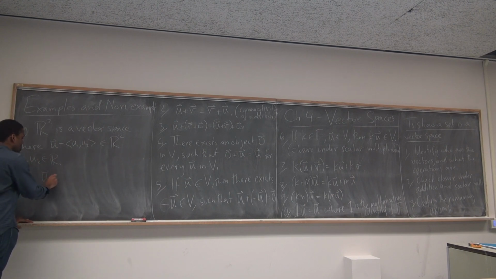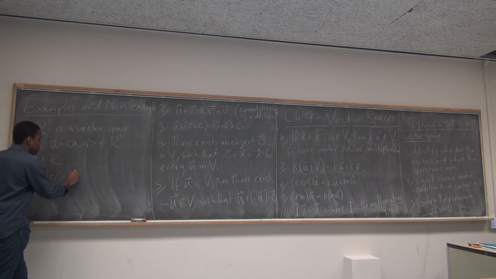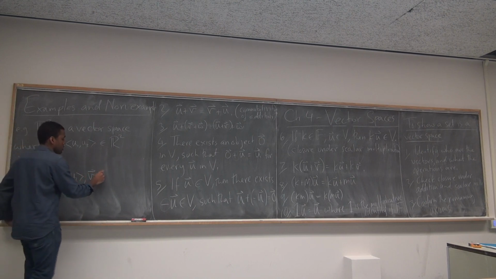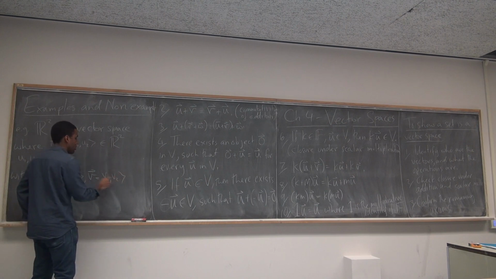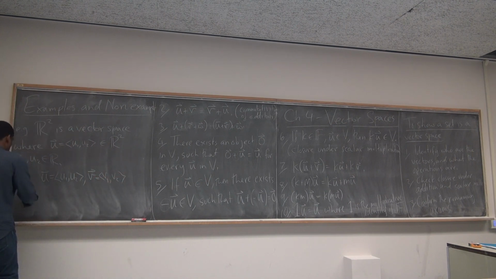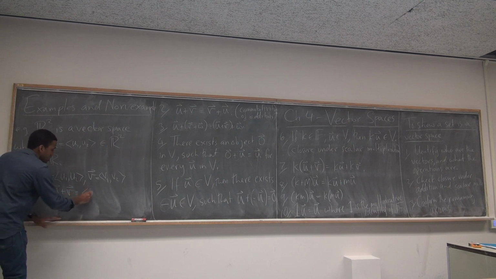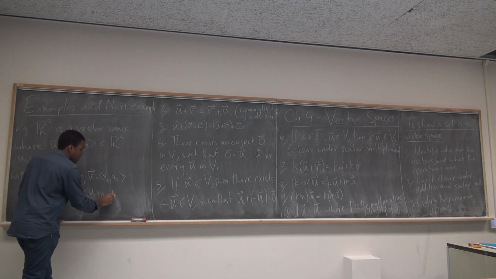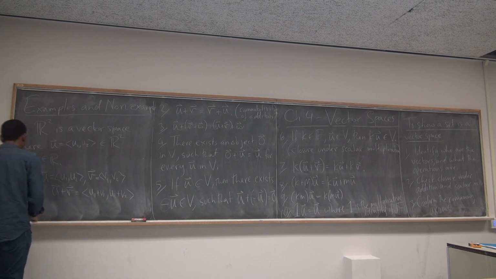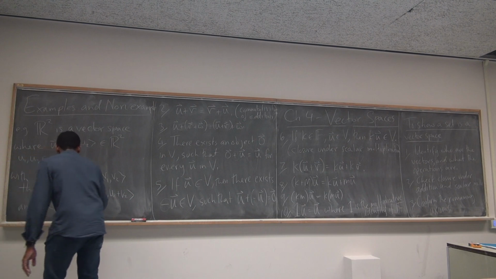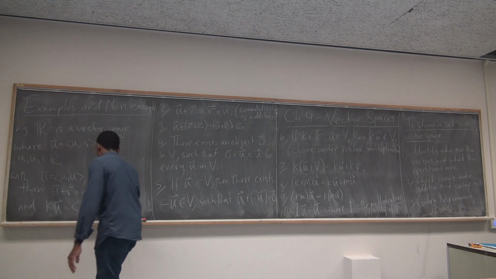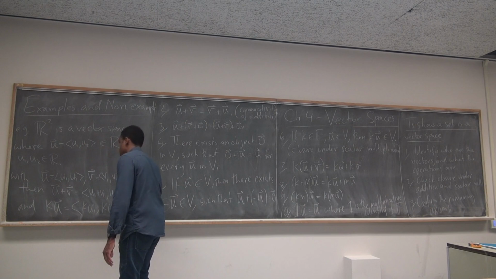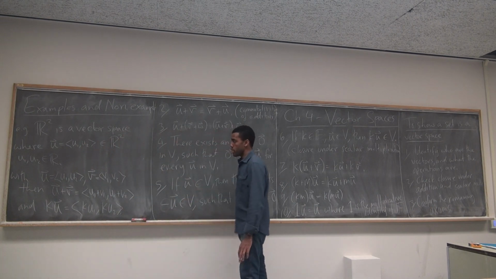If u is equal to (u1, u2) and v is equal to (v1, v2), then u plus v is just the sum of the corresponding entries. And k times u is just the product of the corresponding entries with k. With these operations, R2 forms a vector space.